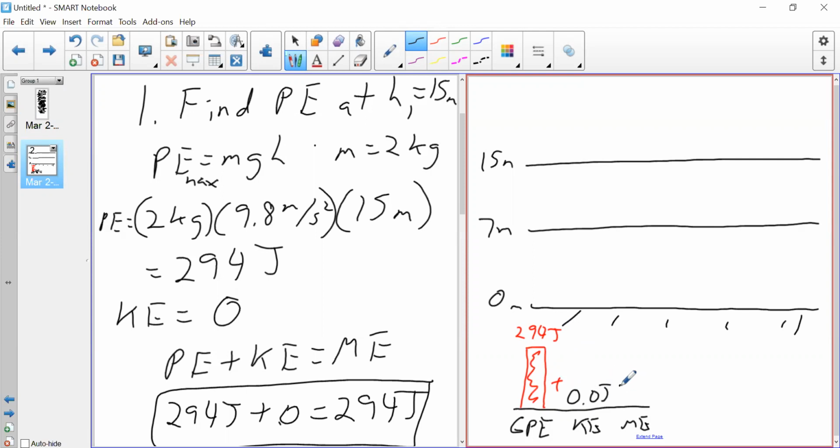It's at rest. Equals, energy saved. Total energy always saved, 294. I hope you get the gist of it. That's the equal sign.